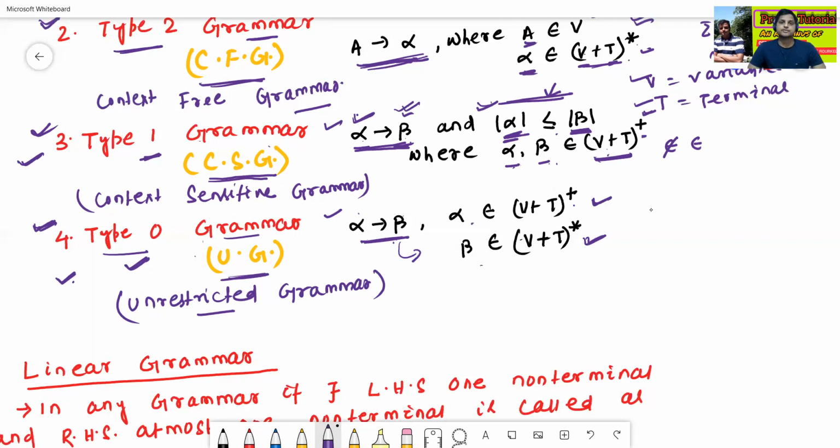This is the difference. So these are the types of grammar. Later we'll discuss some examples related to the types of grammar.